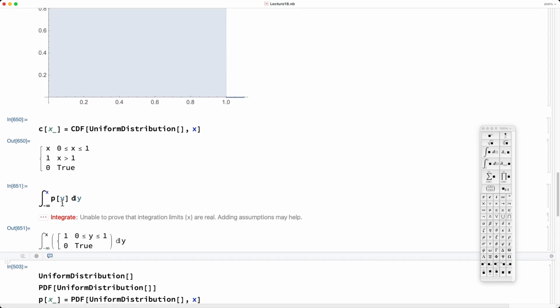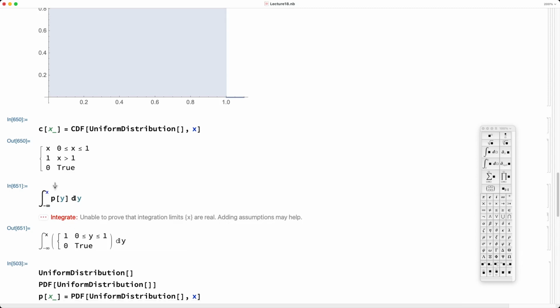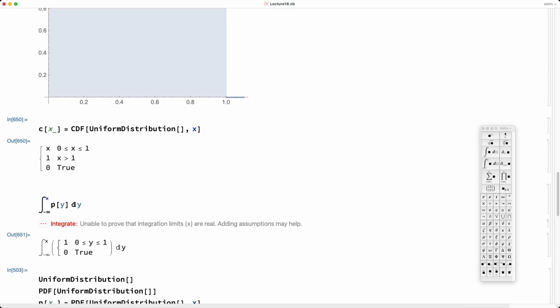But of course, here Mathematica is having some trouble. It doesn't know how to handle this integral from -infinity. So it's complaining about knowing whether x is real. We can try using assumptions.